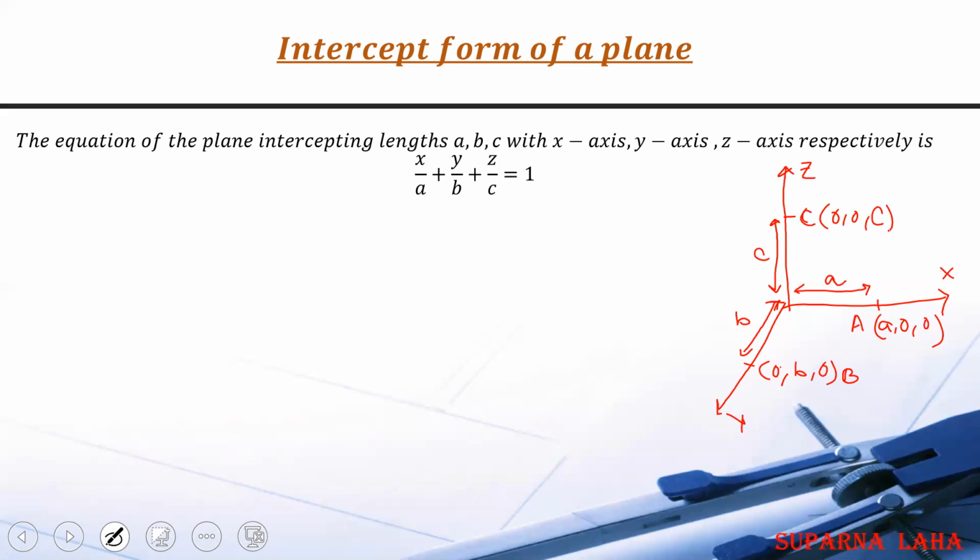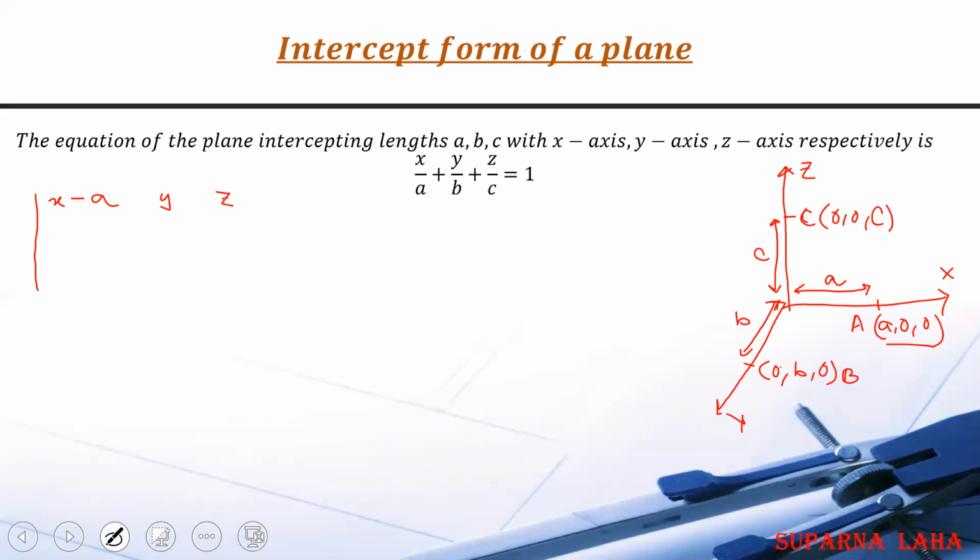Now we can easily establish the equation of a plane passing through 3 points. Now we have these 3 points, the intersecting points of the axes and the plane. So 3 points we have: A, B, C. Now let us find the equation. X minus x1, taking (x1, y1, z1) as (a, 0, 0). So x minus a, then y minus 0, that is y, z minus 0, that is z.